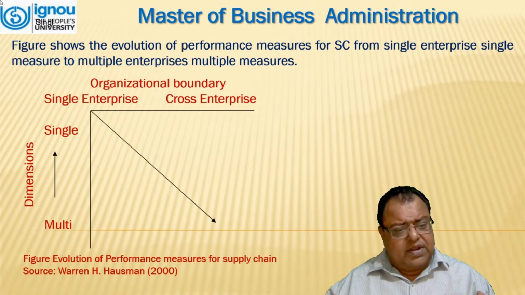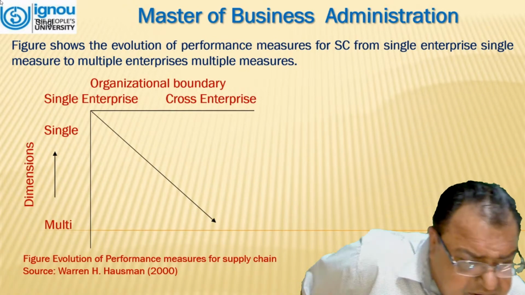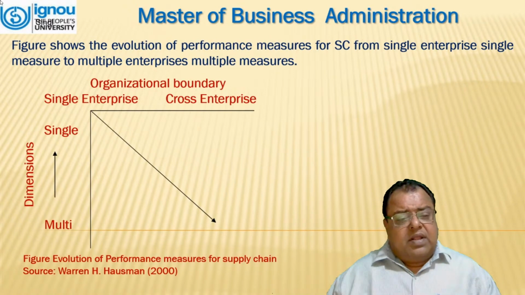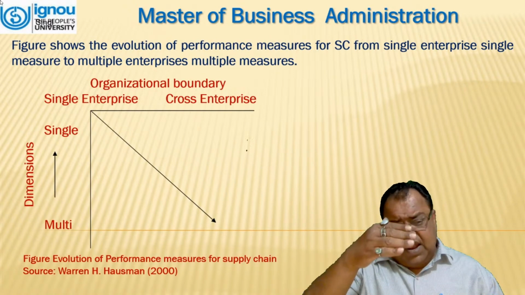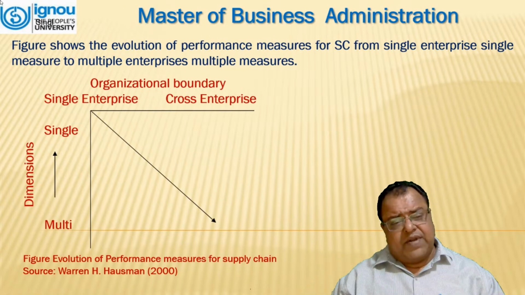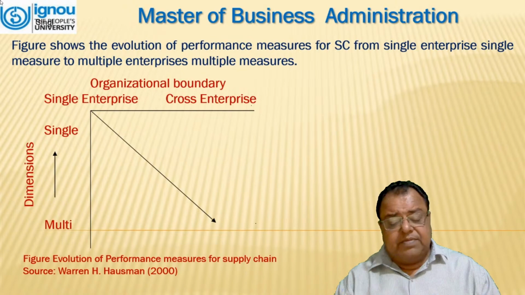It is basically a graph showing a relationship between dimensions and organization. And this graph is coming down as the number of enterprises increases and cross enterprises also increase.